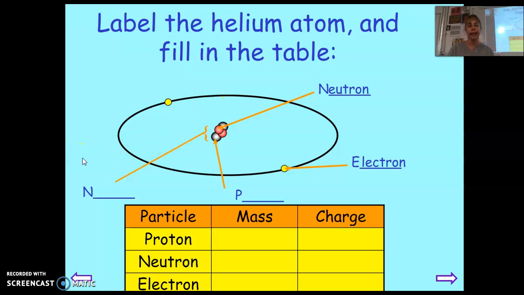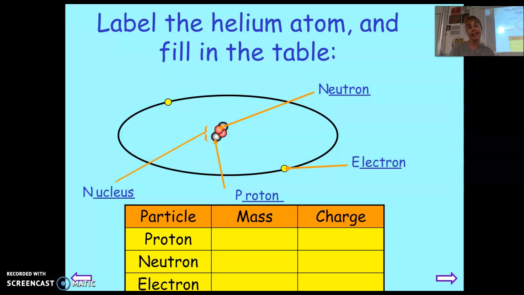So hopefully in your books you can pause the video and you can label these structures. Now, can you remember back from your chemistry, what is the mass of a proton, neutron, electron, and what is the charge? So draw the table, fill it in, and then you can restart the video and purple pen it.